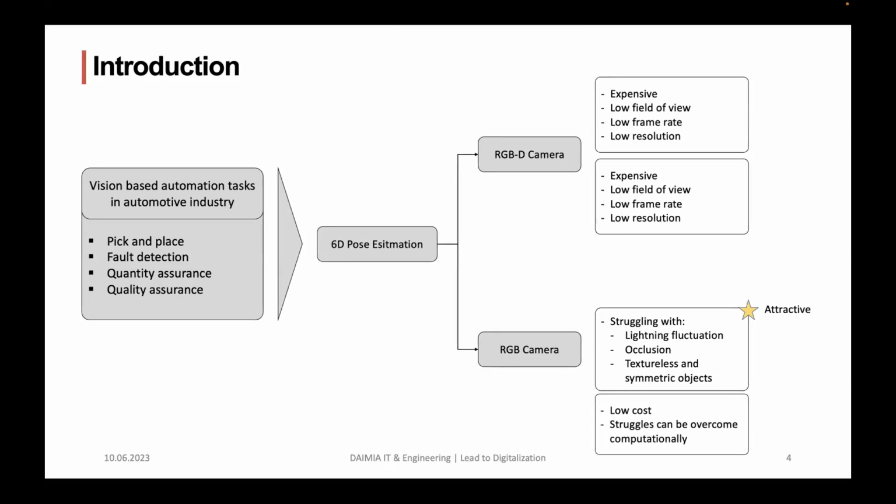But on the other hand, these things are computationally and programmatically solvable. And because RGB cameras are very low cost and highly available, it's very attractive for the manufacturing industry to solve 6D pose estimation with RGB cameras. So this is one part of the introduction.